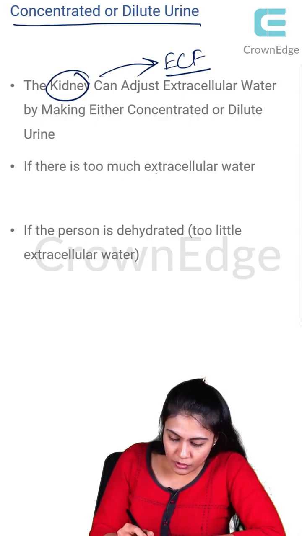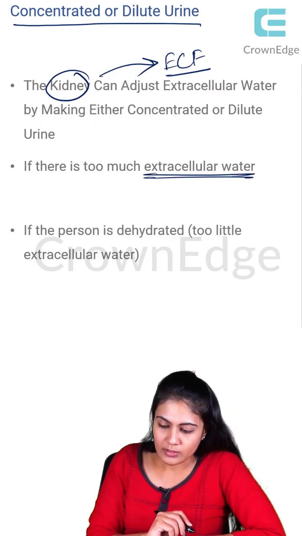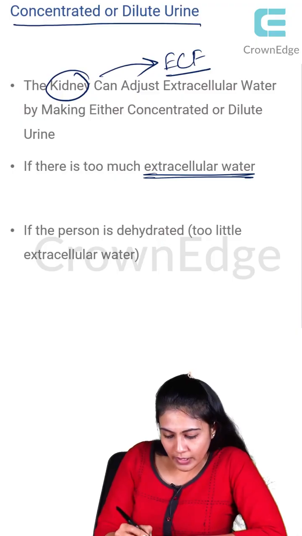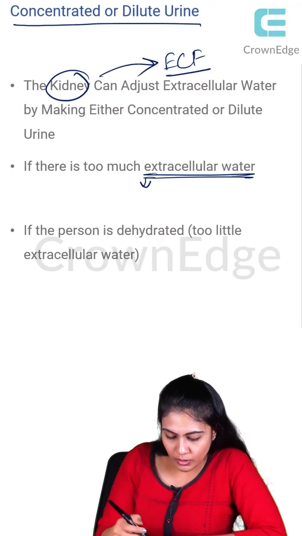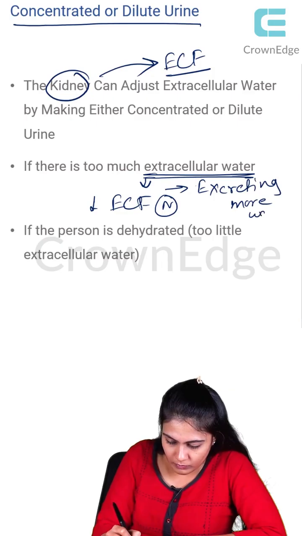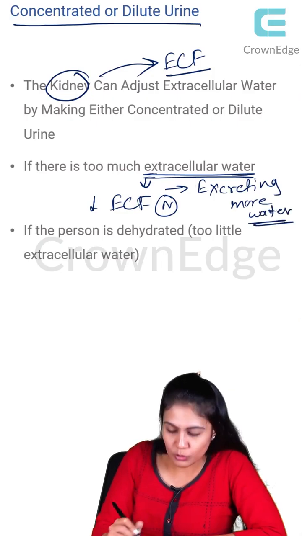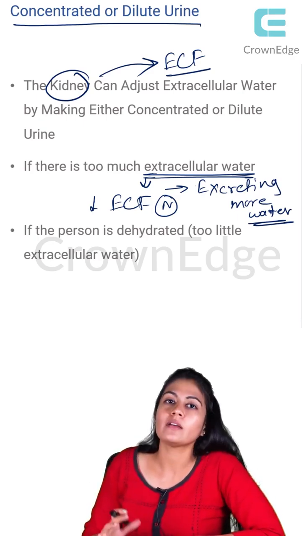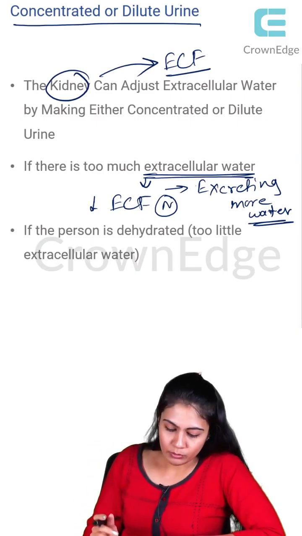If there is too much extracellular water, it is going to excrete much more water, and it will decrease the ECF volume back to normal. How? By excreting more water, right? It will throw out much more water. If excess is there, you excrete the water and the volume comes back to normal.